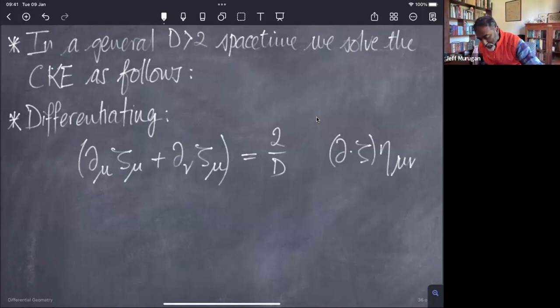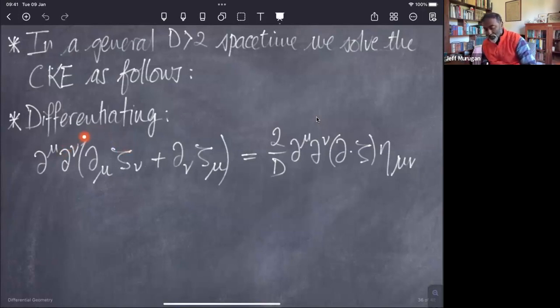So what I want to do now is I'm going to differentiate this with respect to d mu, d nu on both sides, and then try and simplify. So I've got a d mu d nu acting on a d mu zeta nu. Sorry, it should be a nu. Okay, I'm going to move this derivative to act on this guy, I can commute these derivatives here. So I'm going to move the nu derivative to act on the nu.